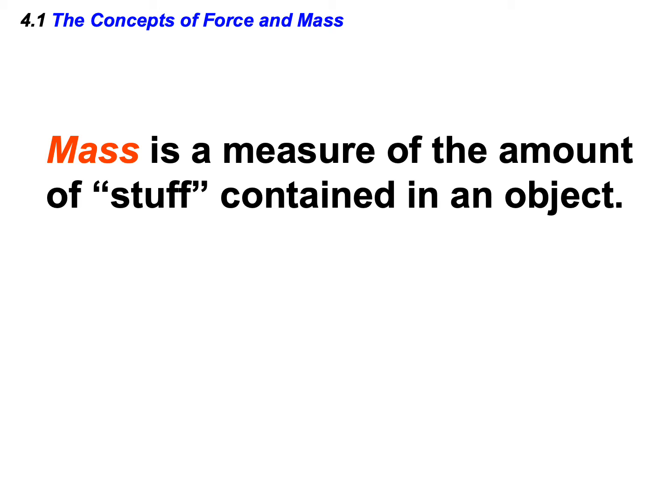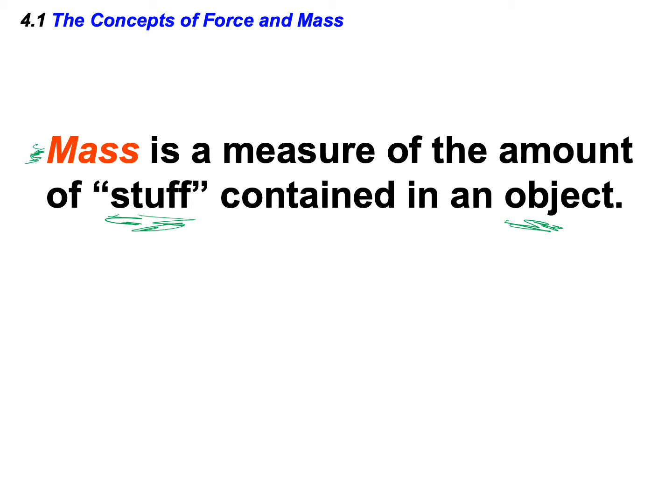So mass is a measure of the amount of stuff. What is stuff? Amount of stuff contained in an object. Every object we know is made out of atoms. So for a given object, we can say how many atoms are in it. And if we know how many atoms are in there, we can calculate its mass.